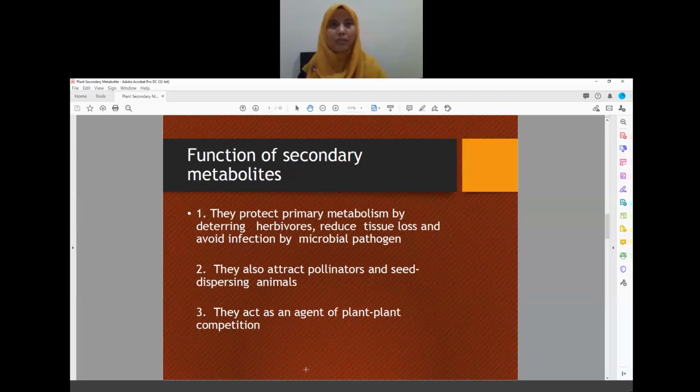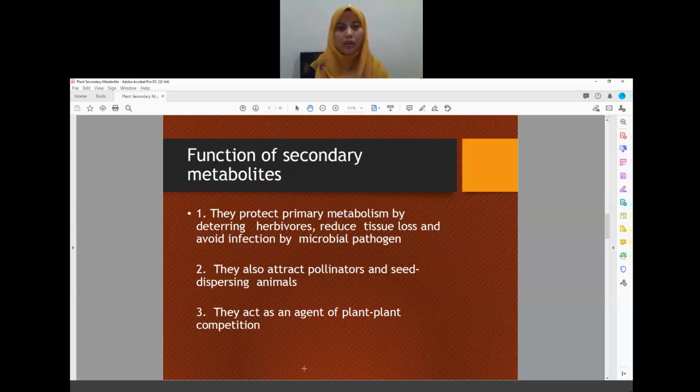So sometimes in order for them to compete among themselves, some plants need to show some extra character so that they win that place. So I hope you can imagine all these secondary metabolites.